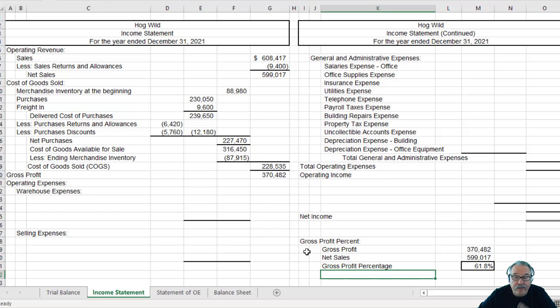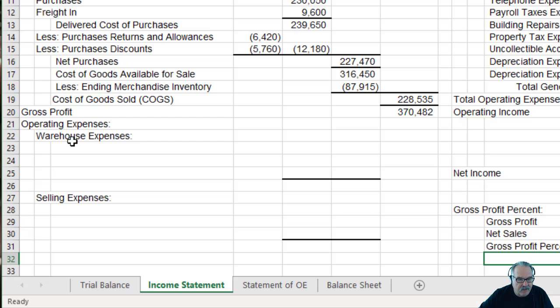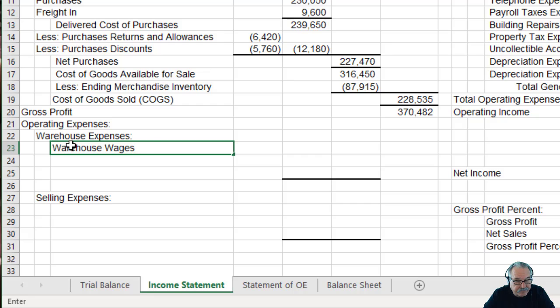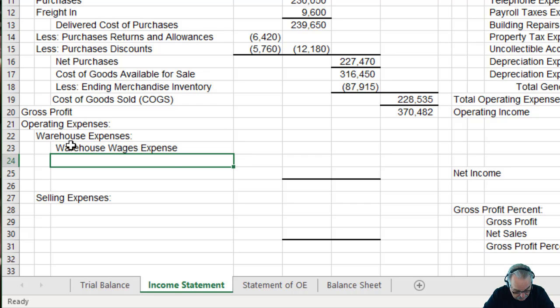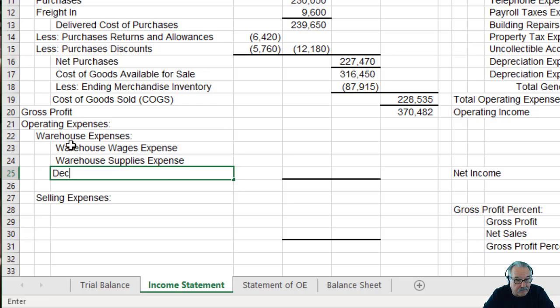And now the only thing we need to do is just basically subtract all the expenses. And we're going to put them into three categories: warehouse expenses, selling expenses, and general administrative expenses. Our warehouse expenses are warehouse wages, warehouse supplies, and depreciation on the warehouse equipment.